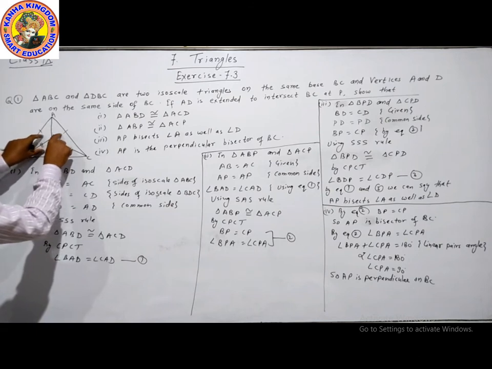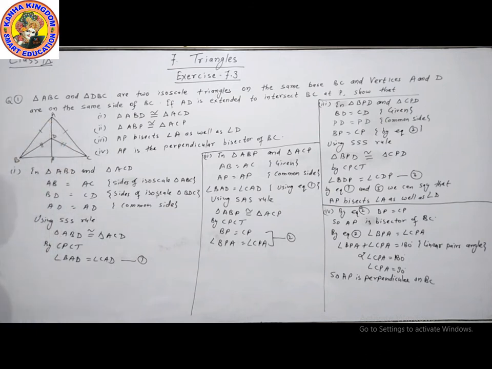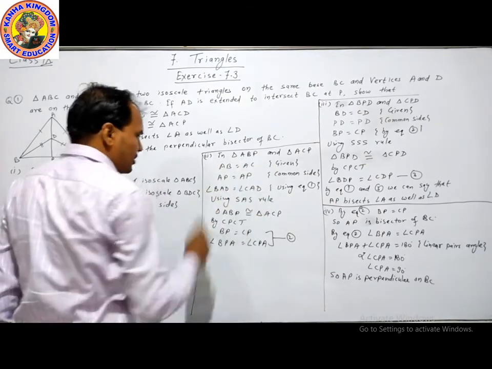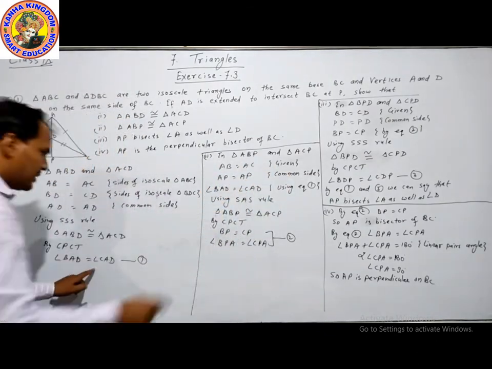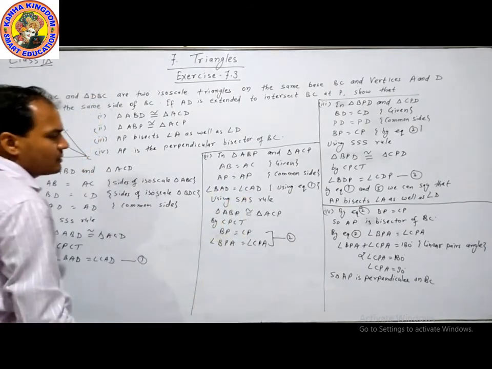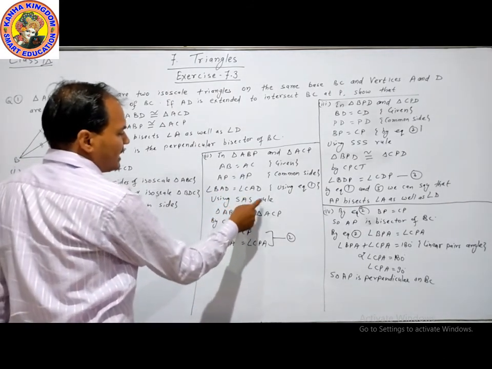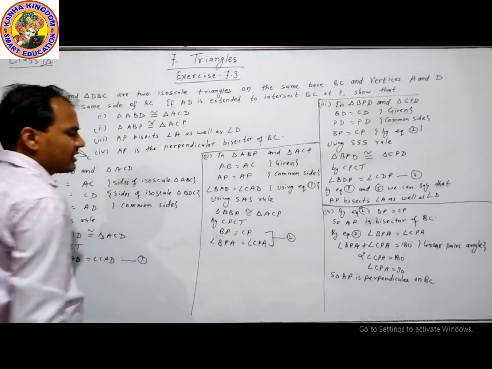AP is our common side. By using equation number first, angle A and angle A are equal. Using the SAS rule, these triangles are congruent.